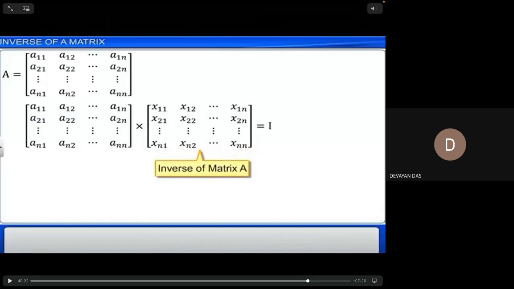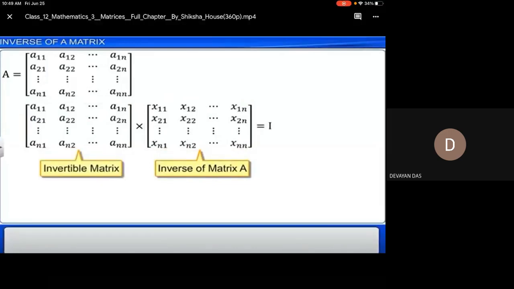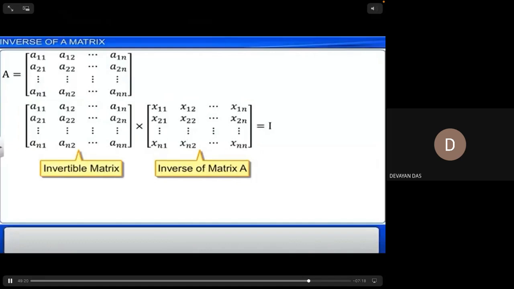So with the help of this, we can find the inverse of the matrix, and using these elementary row operations and column operations, we will find the inverse of the matrix here. Okay. Now symbolically, how do we represent row operations and column operations? We have already learned it.